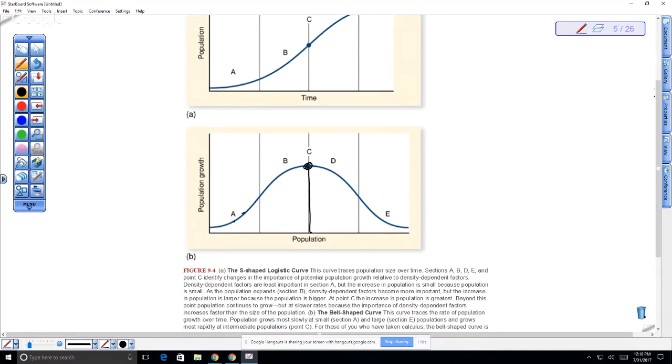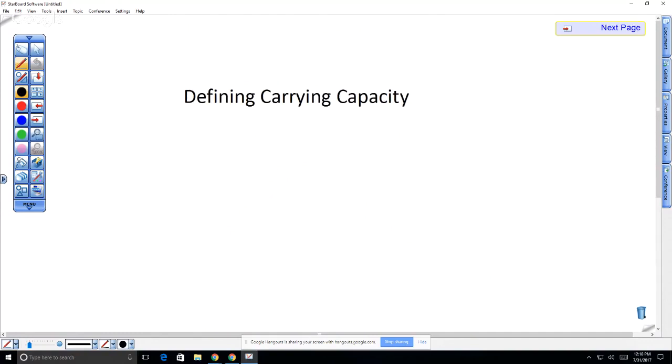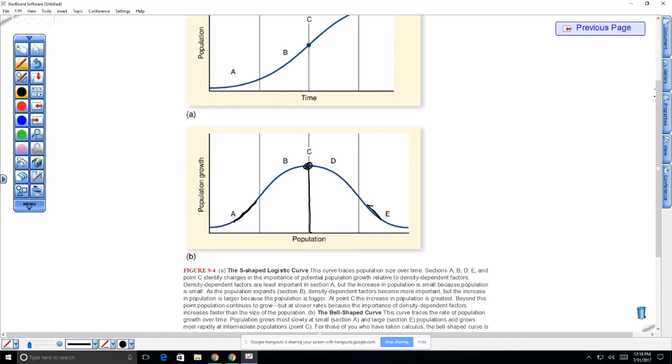Growth is slow here and here, but when the population is of a medium size, then the population is growing faster. It's a little different way to show it. So when I'm asking for logistic, I'm not asking for this graph, but I'm actually asking for the S-shaped graph.